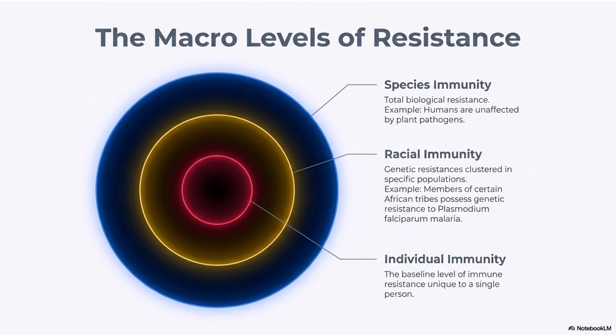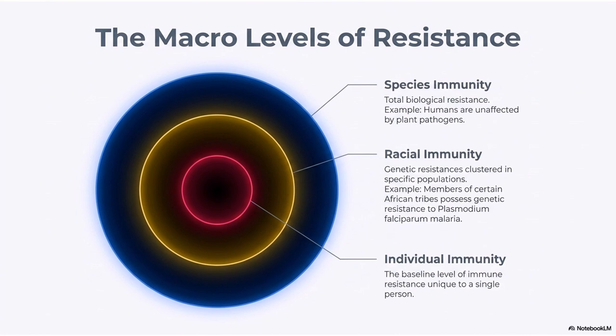When you look at the different types of immunity, first we have a species immunity. Means we are not affected by many diseases which affect the plants. For example, tobacco mosaic virus is a very important plant pathogen. It does not affect us. Then secondly, you have the racial immunity.